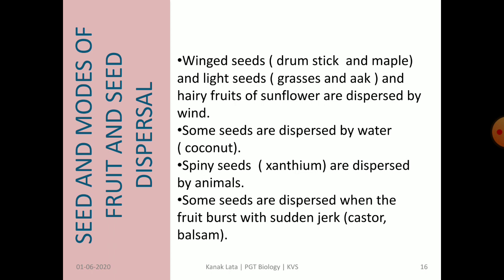Some seeds like coconut, they are dispersed by water. Spiny seeds, as in case of xanthium, are dispersed by animals. Some seeds are dispersed when the fruit bursts with sudden jerk, as you have seen in castor and balsam. So, you have seen here that there are different modes of dispersal of seeds and fruits.